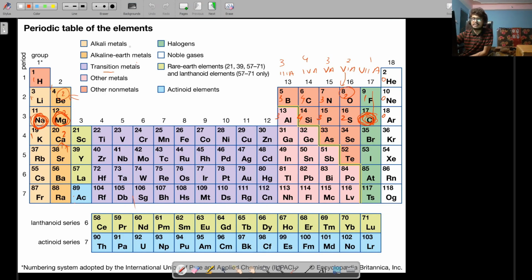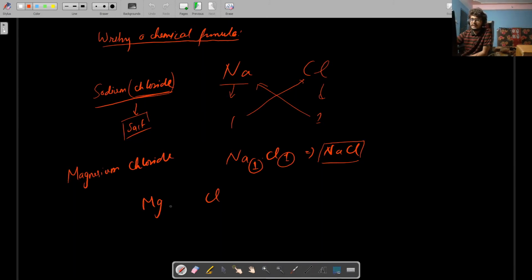What is the valency of magnesium? The valency of magnesium is 2.